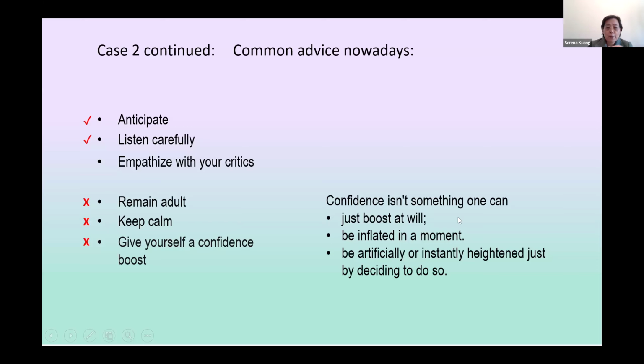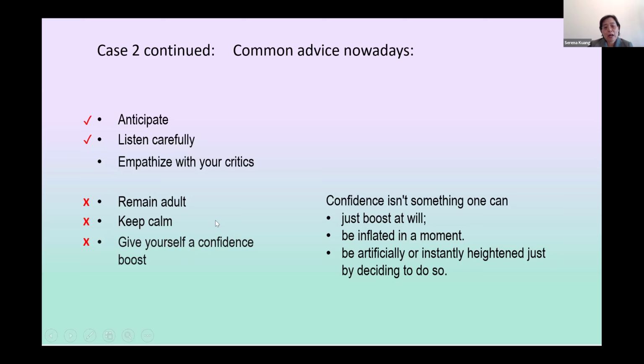Confidence isn't something one can just boost at will, be inflated in a moment, or be artificially or instantly heightened just by deciding to do so. It's deeply rooted in our experience, competency, and a lot of other factors. That's why I think these are ineffective advice.